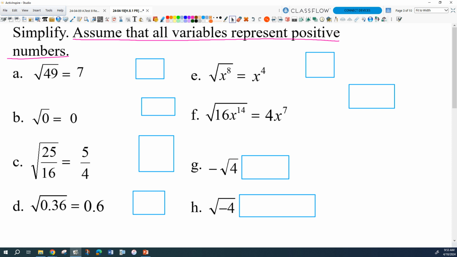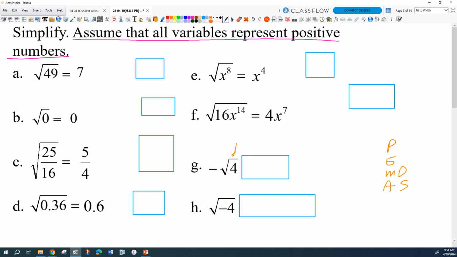Good. And really, we're just following order of operations. How does a radical fit into order of operations? Anybody know? If I'm talking PEMDAS? Where does that square root fit in there?